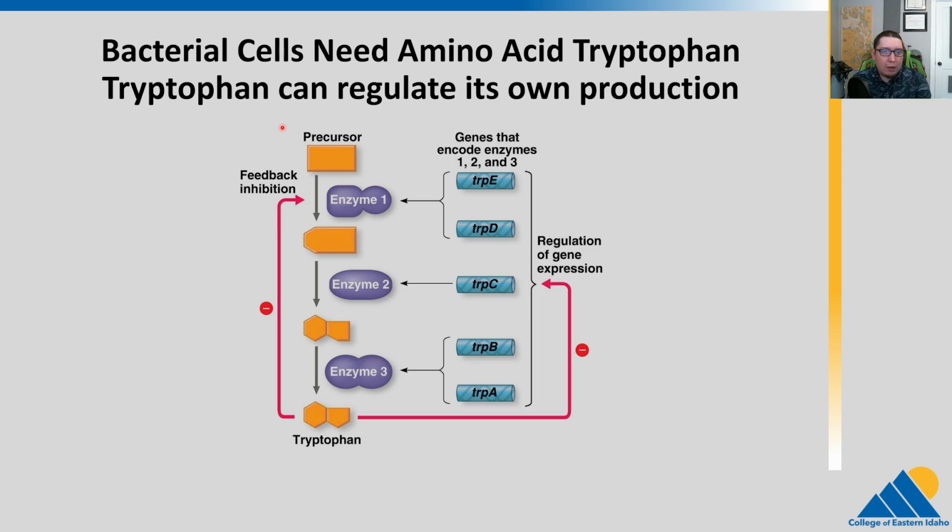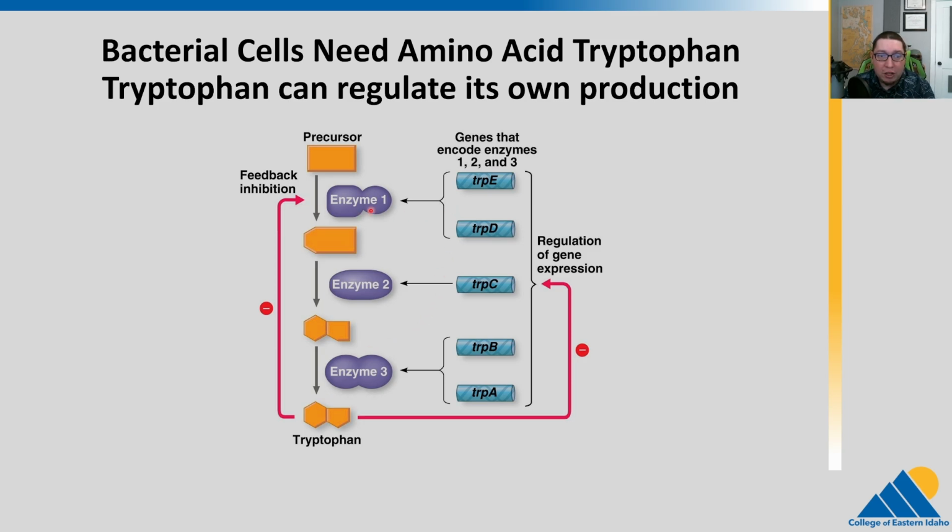Okay, so here is the pathway, right? We have our precursor that goes in, and enzyme 1 converts that into a second compound, and enzyme 2 converts that into another compound, and then enzyme 3 converts that into the amino acid tryptophan.